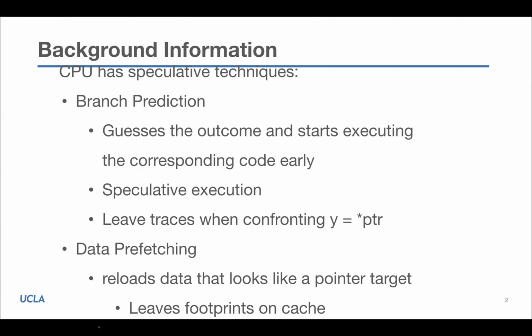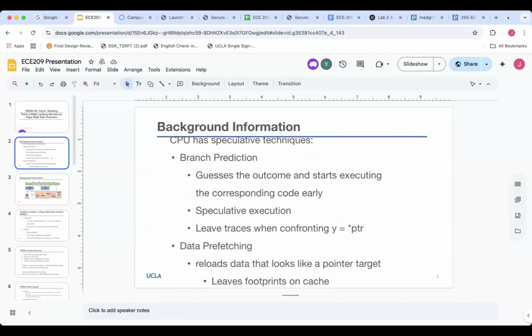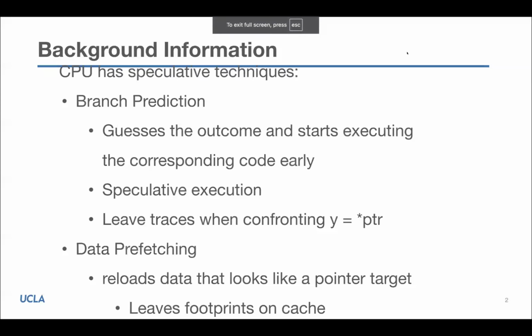For a line like dereferencing a pointer, the CPU might guess the pointer is valid and start accessing memory. Even if it turns out to be wrong, the cache was changed, and the attacker can observe whatever is in the cache. And we have the data memory prefetcher. It preloads data that looks like a pointer target, even if the code never uses it. This also leaves footprints on the cache.